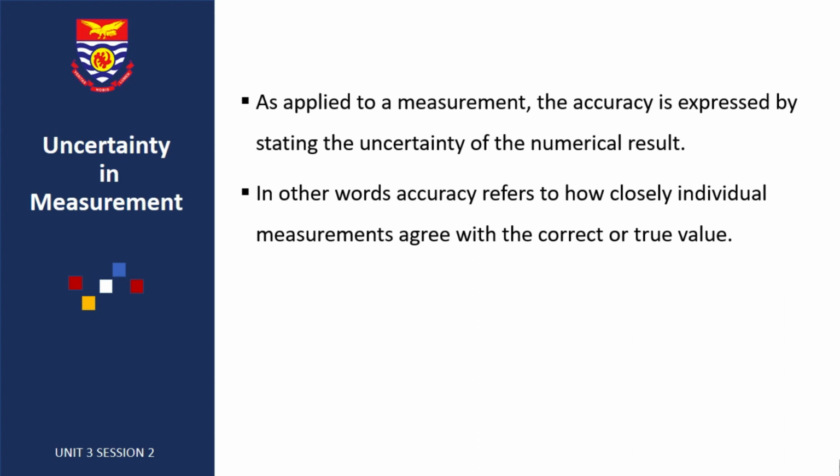Let's take, for instance, the voltage of a DC source to be 2.0 volts. When you take a measurement using your voltmeter and get 1.97 or 2.01, we can say that all these values are accurate because they are close to the true value of 2.0 volts.